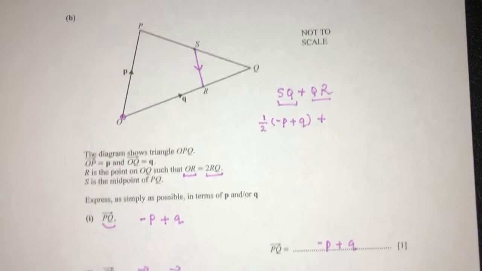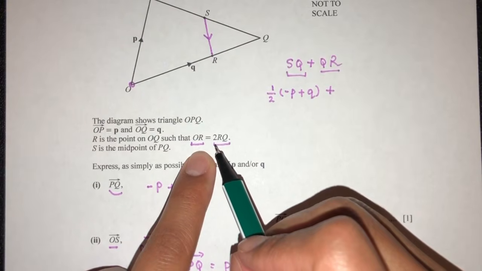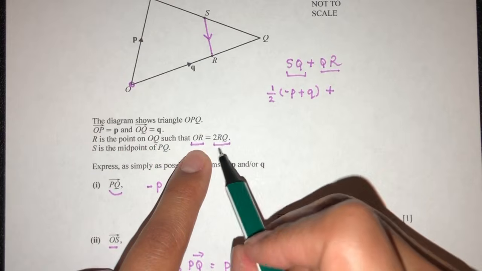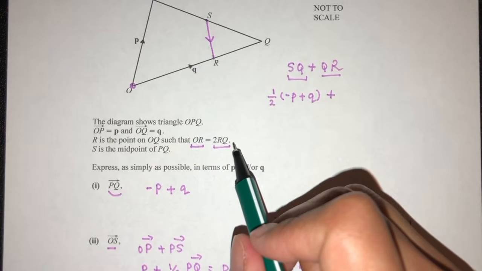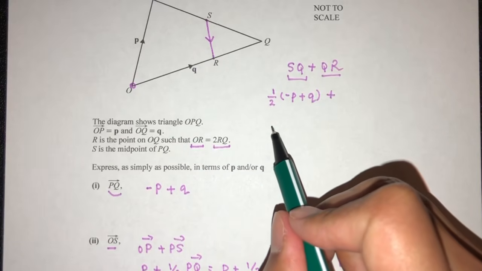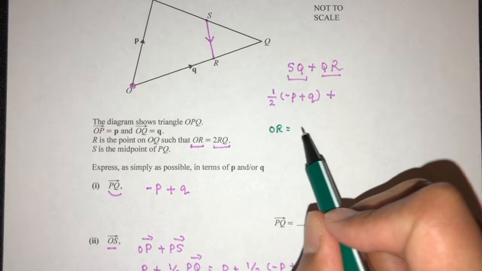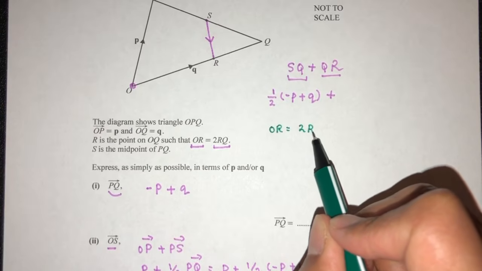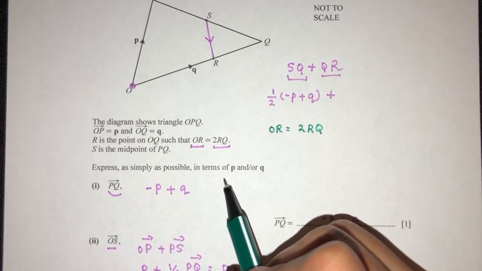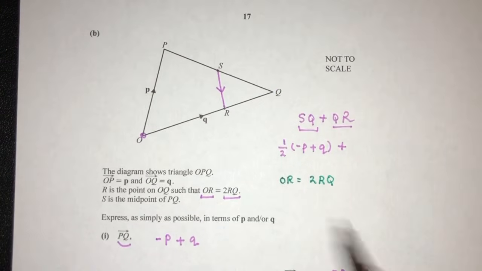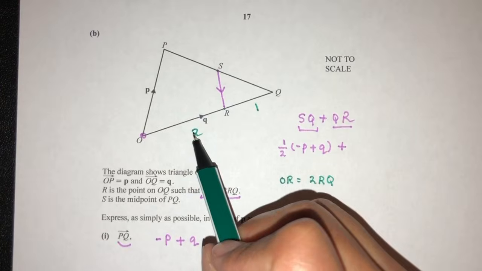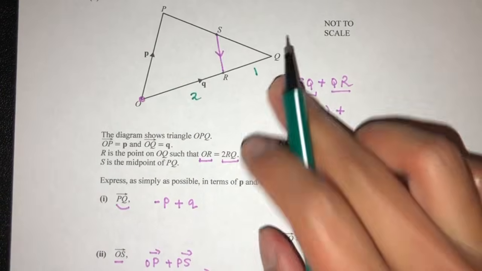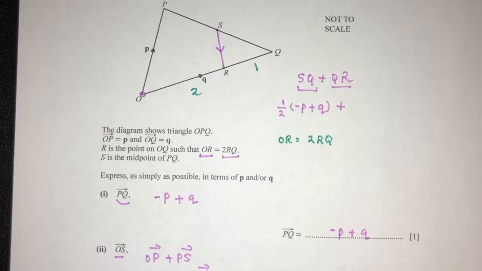So let's see. We have this ratio here. OR is 2 times RQ. Now we can form a ratio here. If you think about this, the ratio of OR to RQ has to be 2 to 1, so together it will be 3. Hope that makes sense.